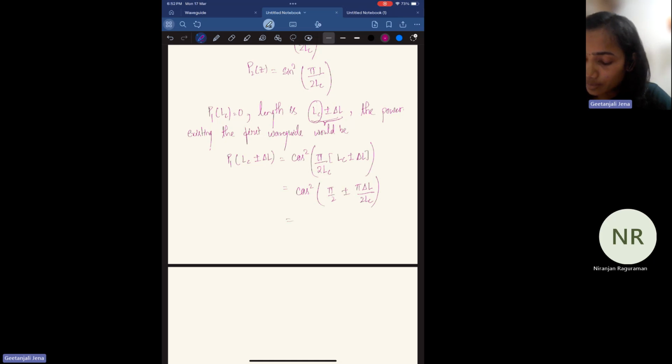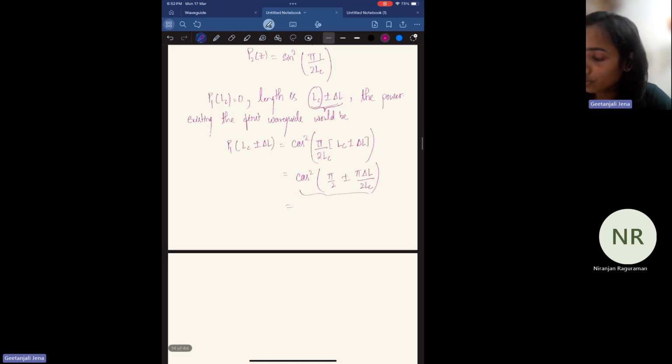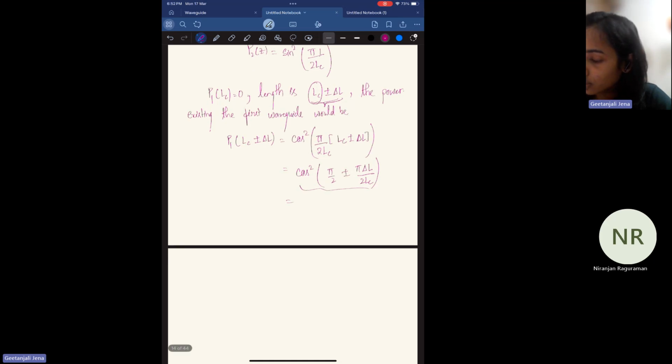If you use the cos A plus B formula, this will give sine square of pi by 2 delta L by LC. So this is the final expression for power in terms of the fabrication error.